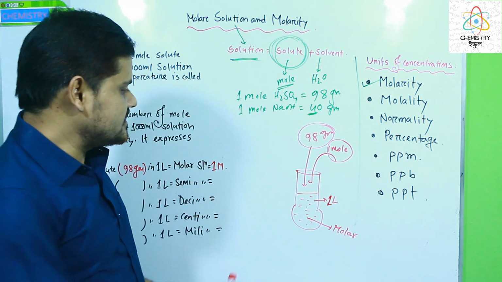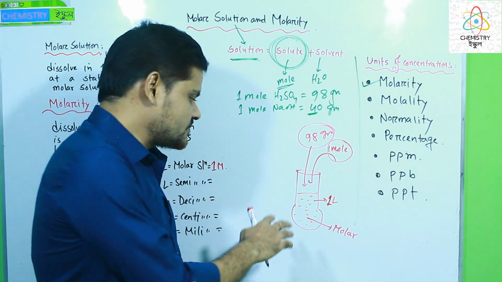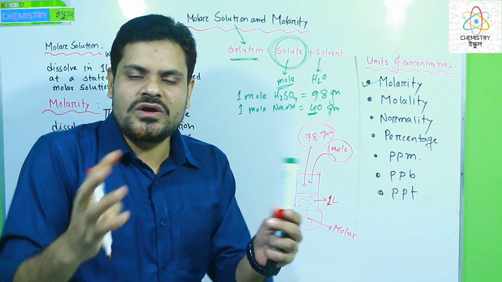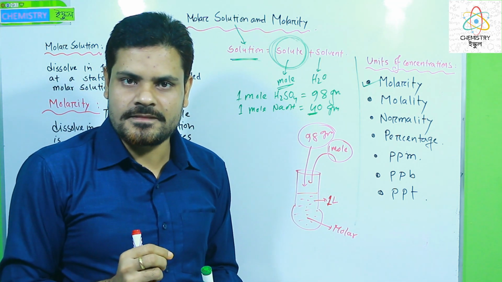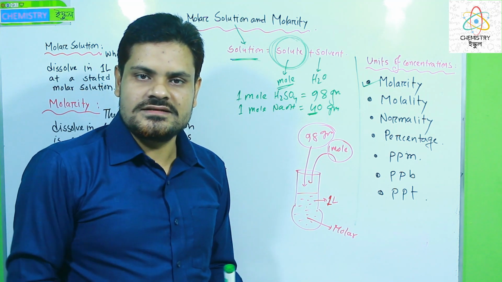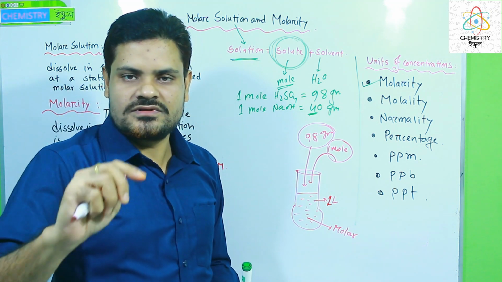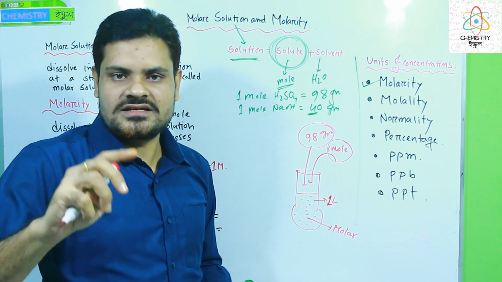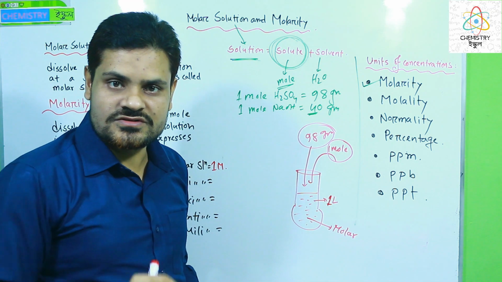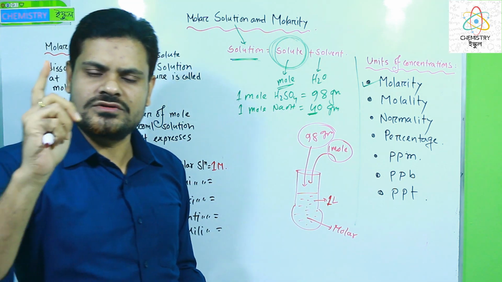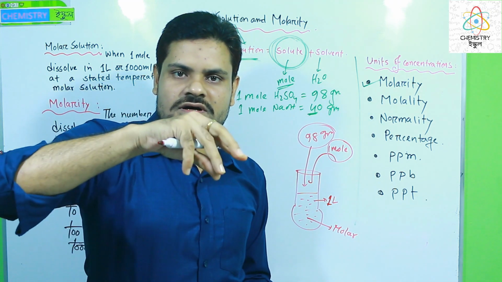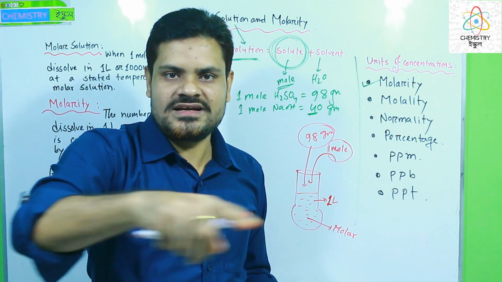This molar solution is kept in the laboratory in different containers. How can we understand that this is a molar solution? On the label of the container, there is a symbol written there, and we easily understand that this is the molar solution. Like if you go to the market, you will see bags of rice.